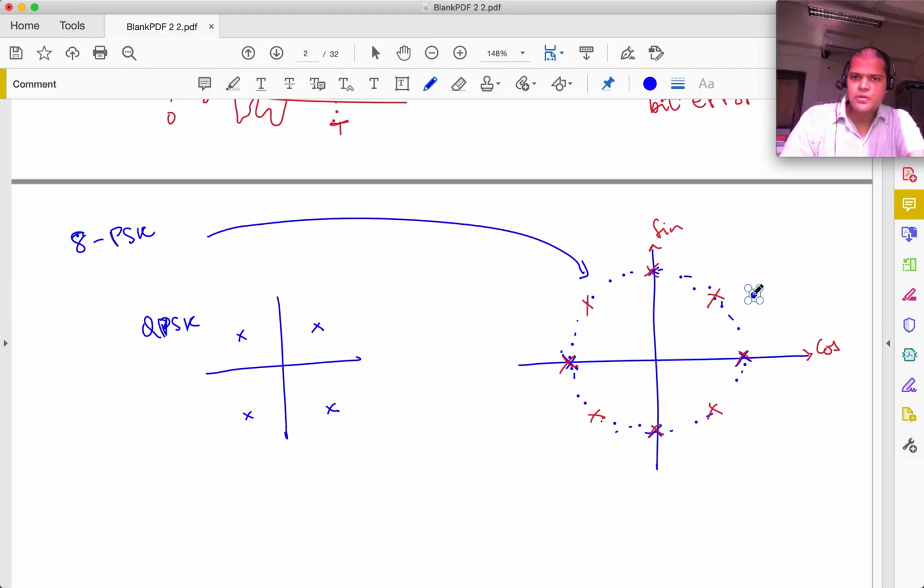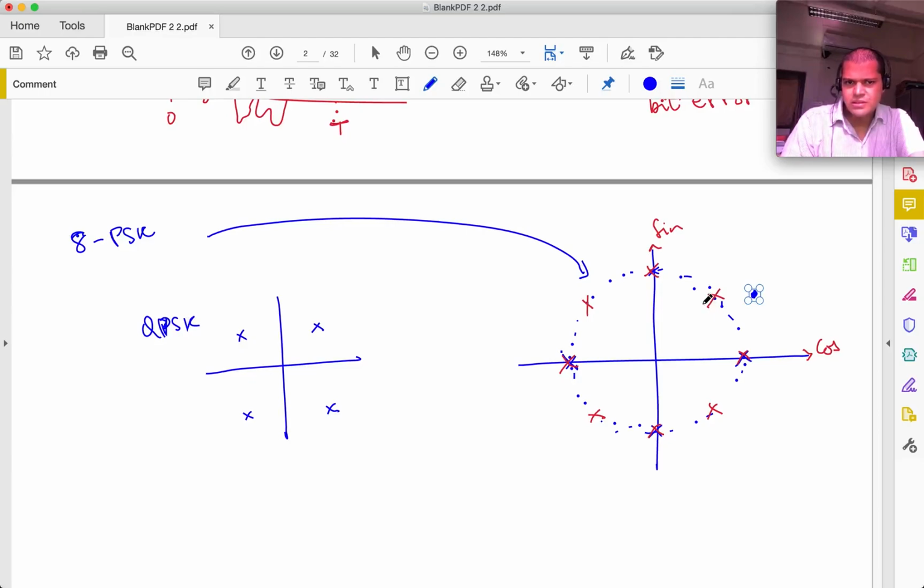What we are going to do is assign it to the closest constellation point that might have been transmitted, and guess that that was the point that was sent. So we have to divide this 2-dimensional plane into appropriate regions so that we know what is the closest point.